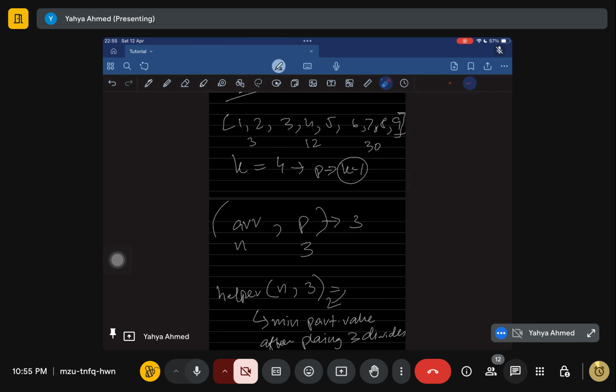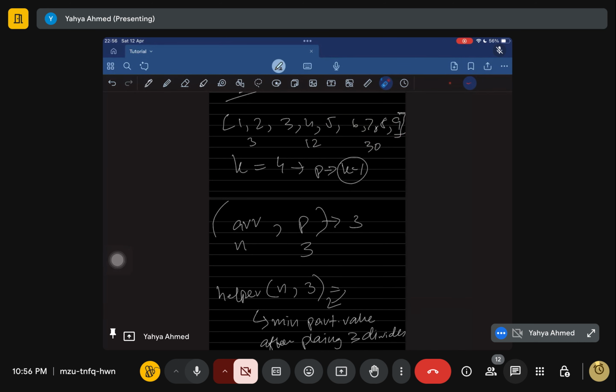Now, I don't know what my optimal answer was. I don't know how much of the last few elements I need to include in my last partition. But I know this much: my optimal answer for n comma 3 will look something like this. I will put some arbitrary range into the last divider.